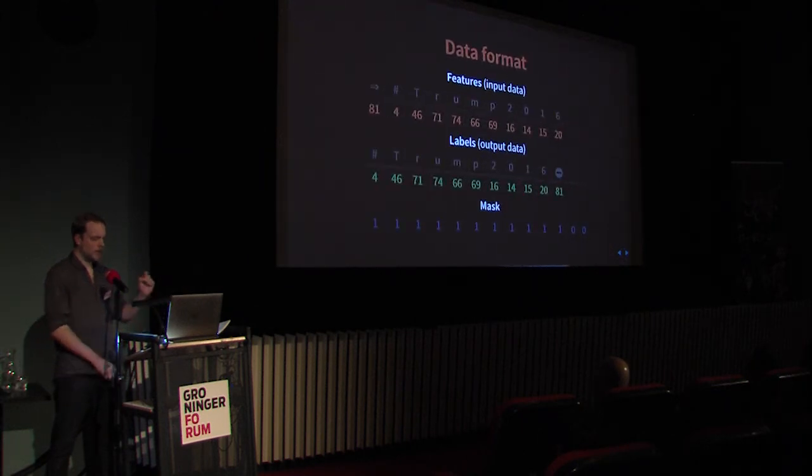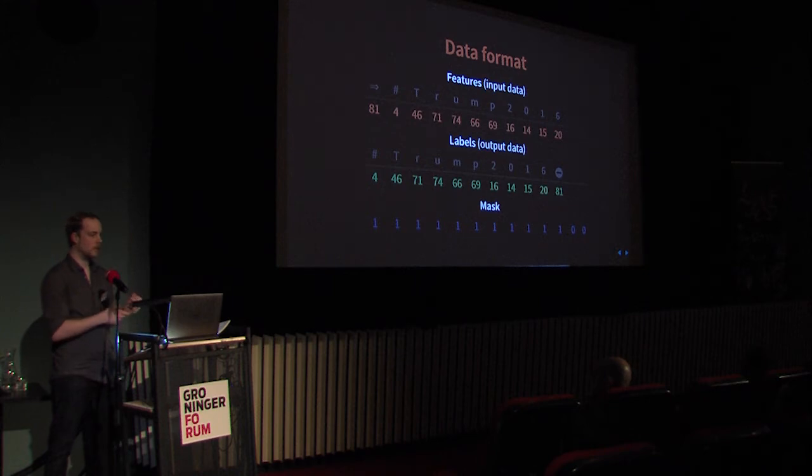One thing I want to show you, because I'm not going to show you how we're collecting all these tweets, how we're cleaning it up, and how we're creating the data set, but this is pretty much how the data actually looks. If we have one example that says hashtag Trump 2016 and we want to predict the next letter, of course we can't predict the first actual character, which is the hashtag, because we wanted to predict the hashtag.